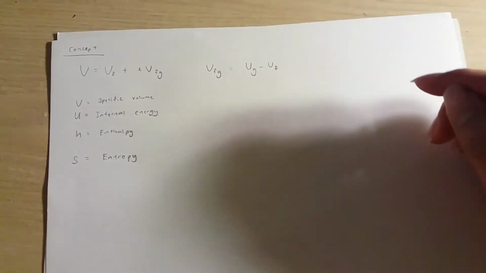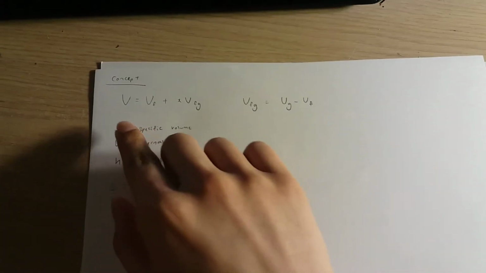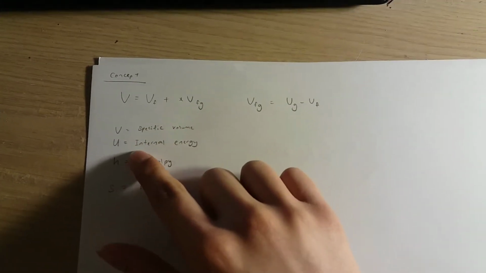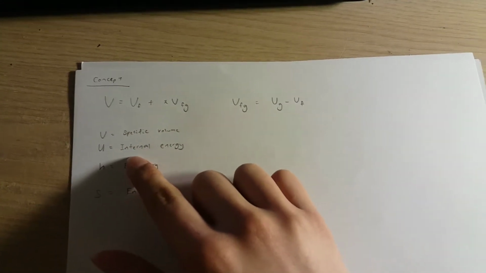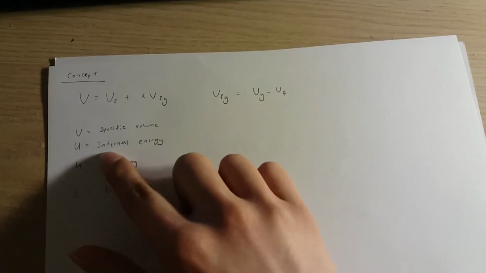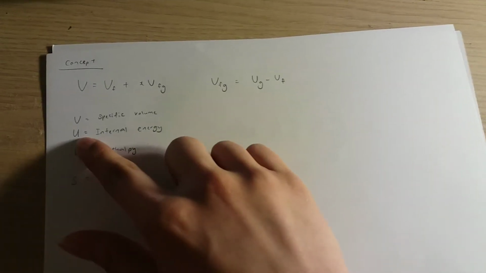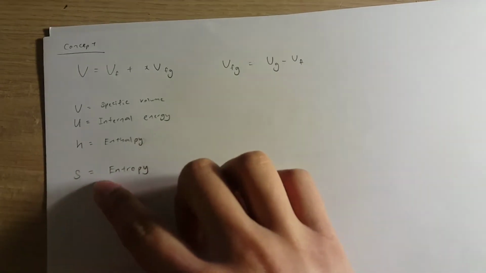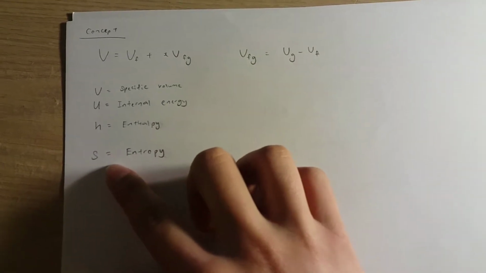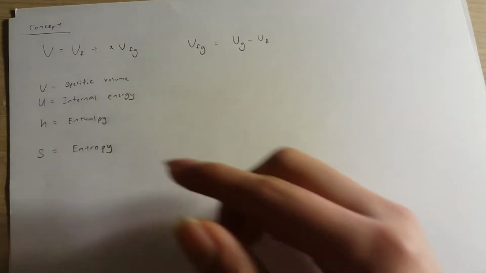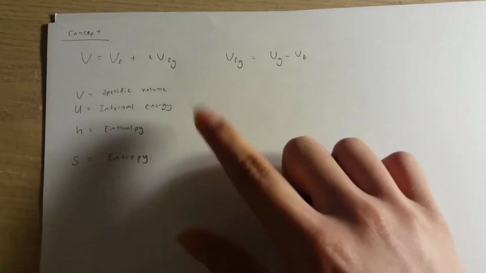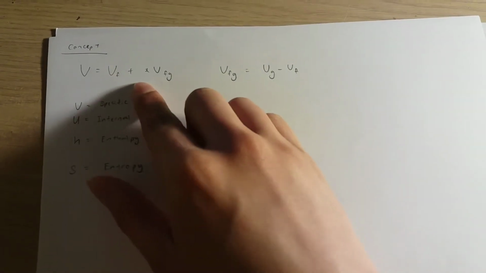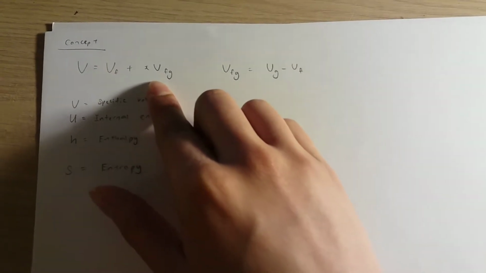So by applying these formulas, you can use them with other properties as well. If you want to find the internal energy, represented by U, enthalpy, represented by H, and entropy, represented by S. I can say these formulas are very crucial throughout this course.